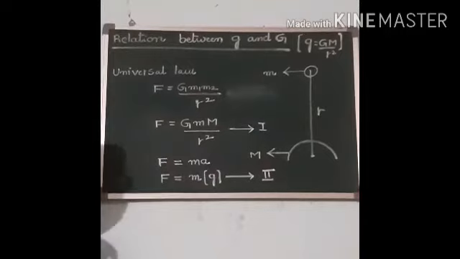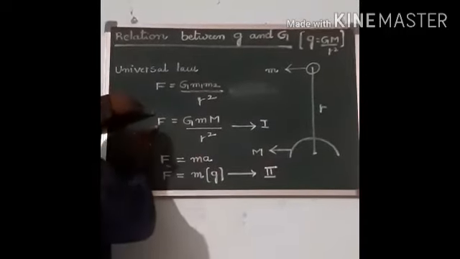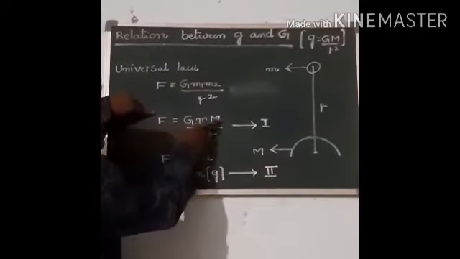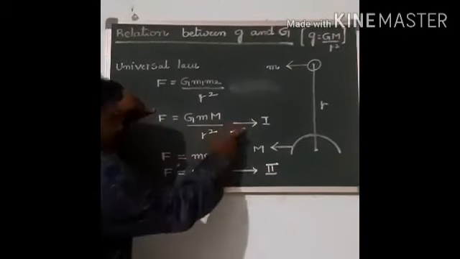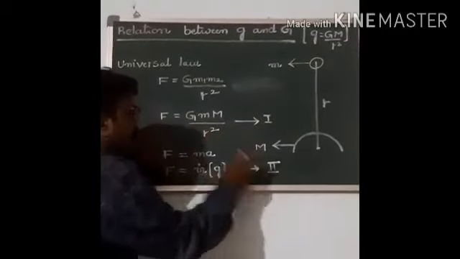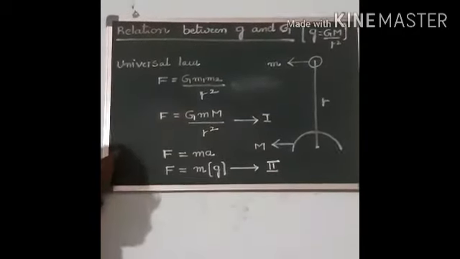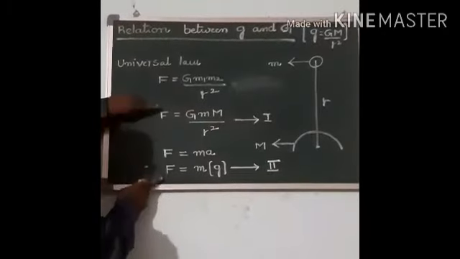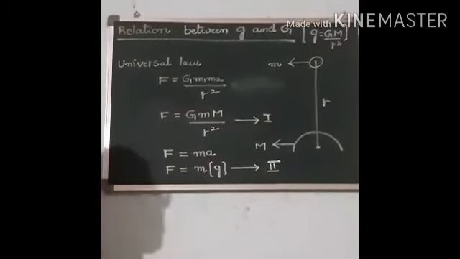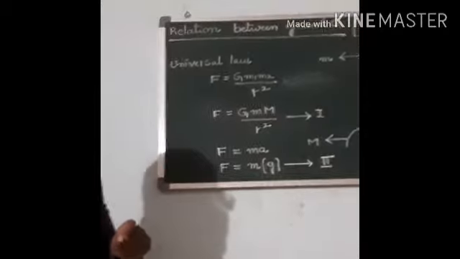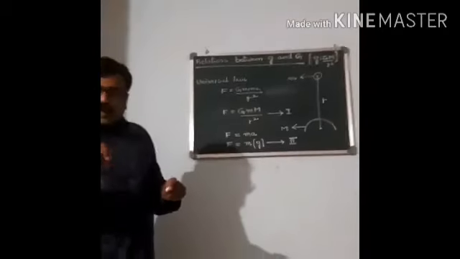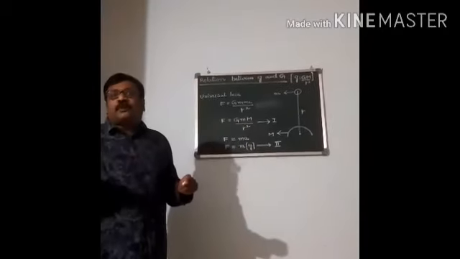Now the first equation is F equal to G small m capital M by r square, equation number 1, and F equal to mg, equation number 2. Now both are equal. Why? Because in mathematics, if x equal to a and x equal to b, then a equal to b. This is the transitive property.